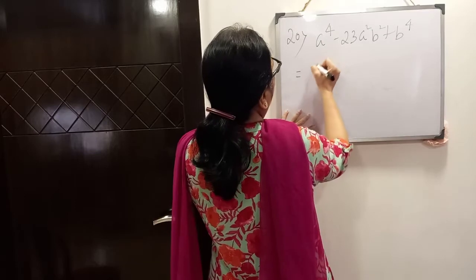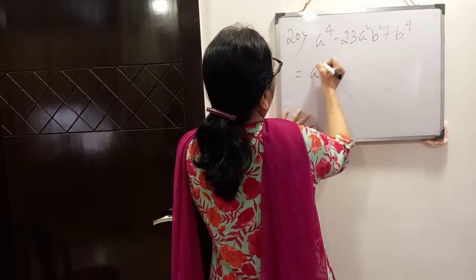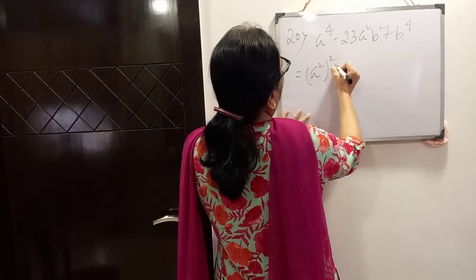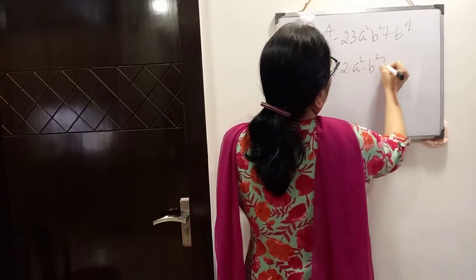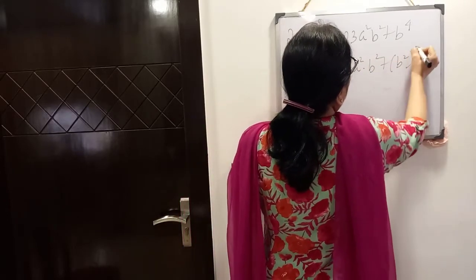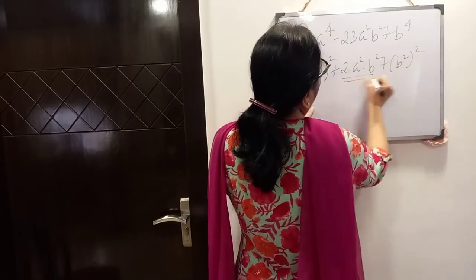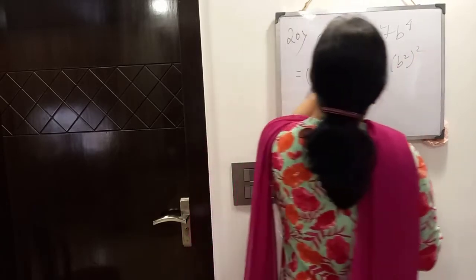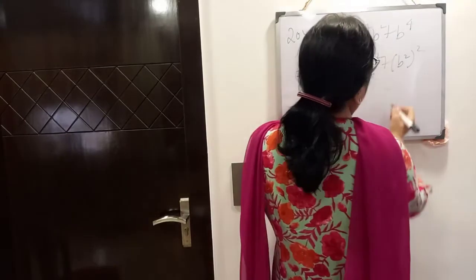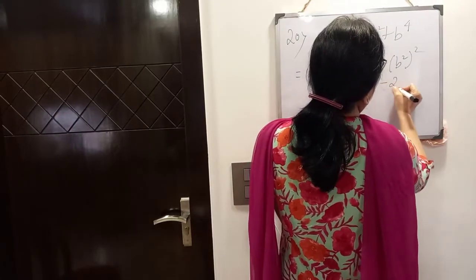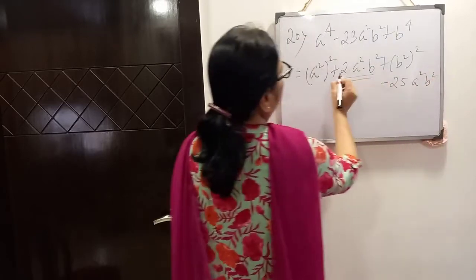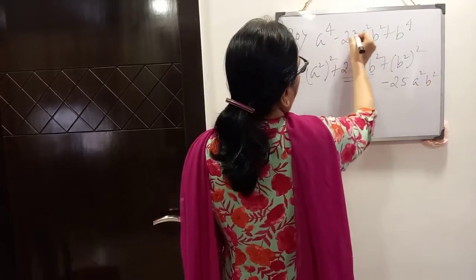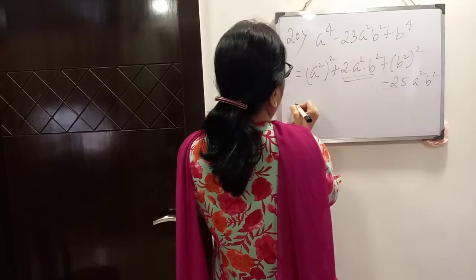So if I write this in this form, a square whole square plus 2a square into b square plus b square whole square. I have taken this 2a square b square by force, but there is minus 23. So I have to adjust. How? If I write here minus 25 a square b square. See, minus 25 plus 2 means minus 23. So it is adjusted in this way.